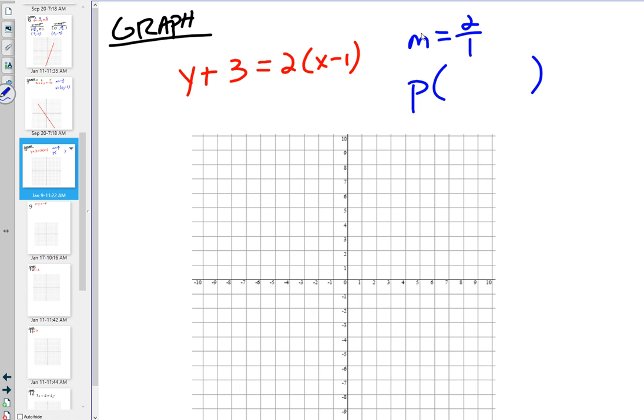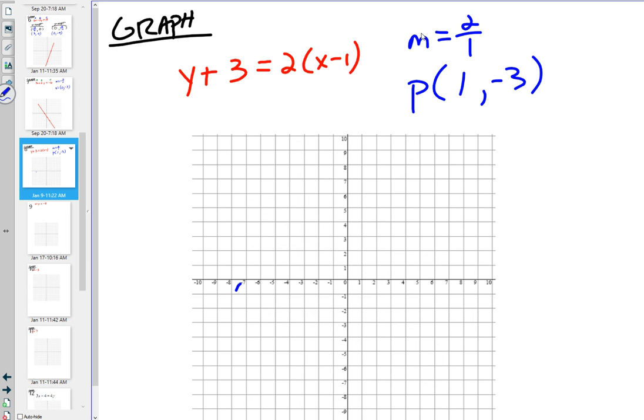Next to the x you see a -1, so the point on the graph is going to be a positive 1. Next to the y you see a +3, it's really going to be a -3. That's caused by that negative in the formula. For now, just take my word for it.